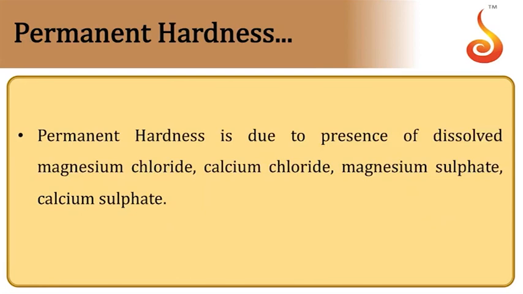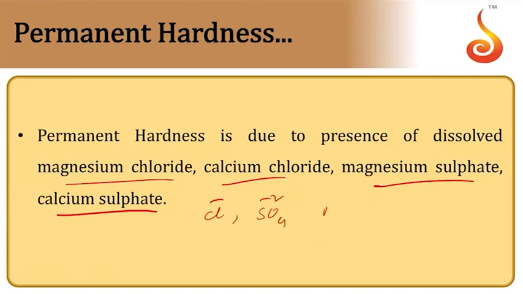Then comes permanent hardness. It is because of the presence of dissolved magnesium chloride, calcium chloride, magnesium sulfate, and calcium sulfate, nothing but chlorides and sulfates of magnesium and calcium. This results in permanent hardness, which cannot be removed by simple boiling.